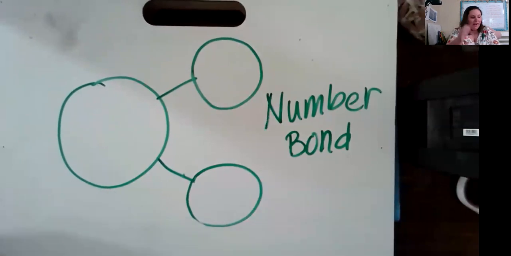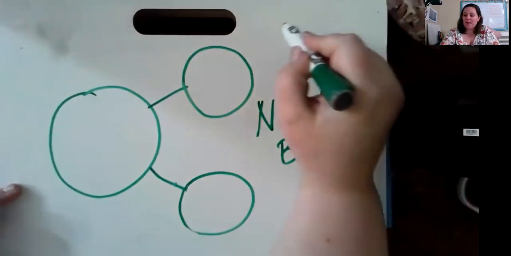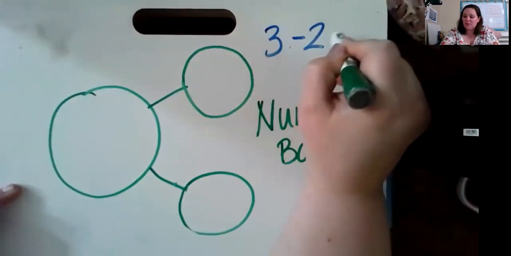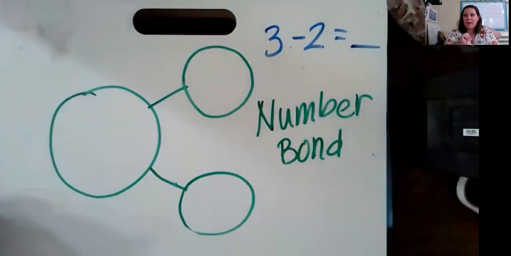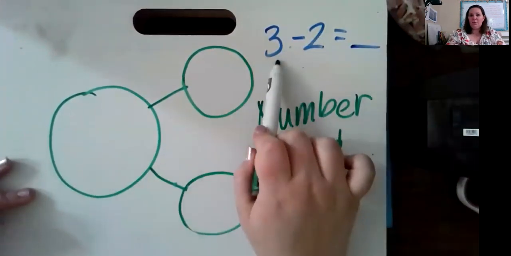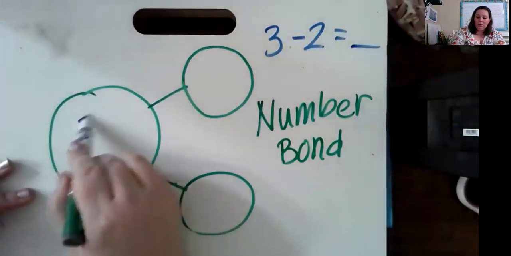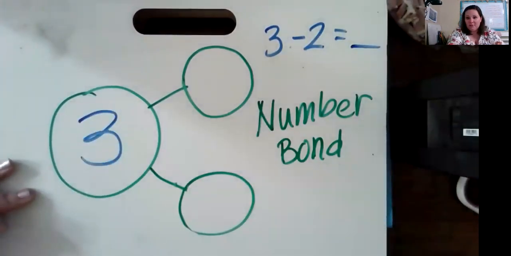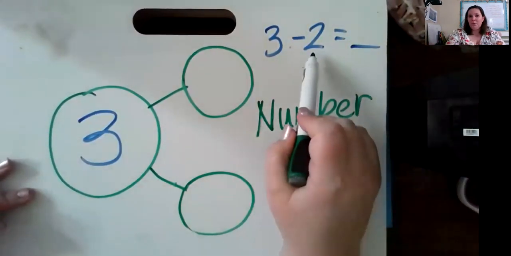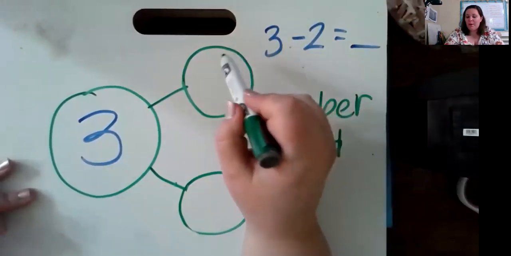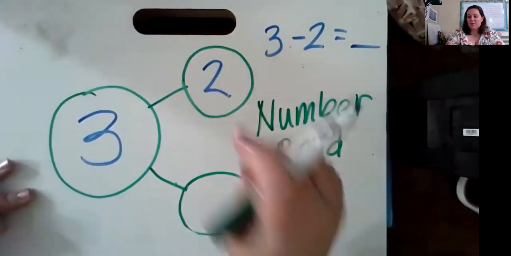So if I have, let's say, 3 minus 2, my number we're starting out with, the whole, is going to go in there. And my 2 that we're taking away is one of the parts, so that's going to go there.